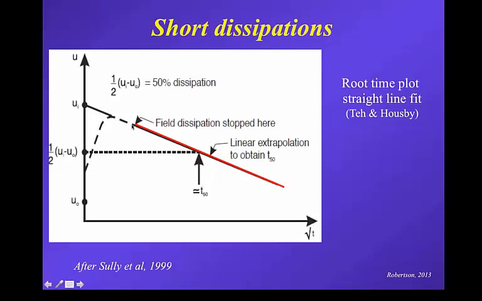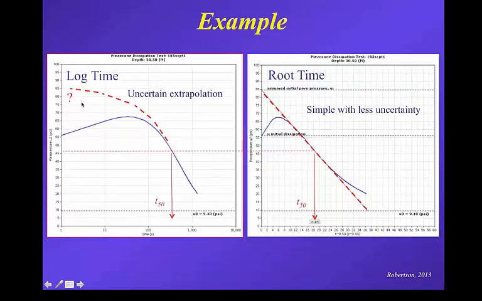And so it would rise when the pore pressures rise up and then begin to decay down. You can join up the straight line portion and then extrapolate back to what you assumed the initial excess pore pressure would have been if you had not had this localized redistribution. So it was a recommended way of how to determine T50 when you had these more complex dissipations.